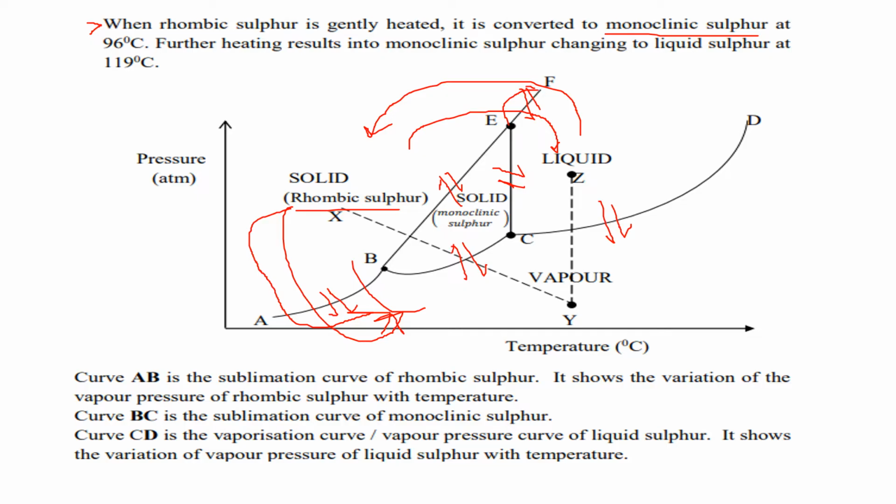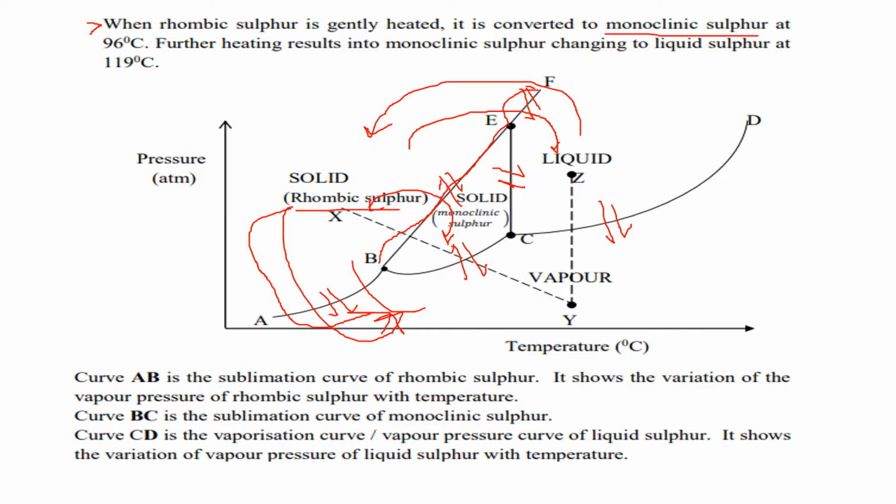So you look at another curve. Curve BE is rhombic sulfur getting converted to monoclinic sulfur. I already told you that in the previous slide, and I told you we call that the transition temperature or transition state. And the curve that separates the two allotropic forms is always called the transition curve because it is showing that rhombic sulfur is transiting to monoclinic sulfur.